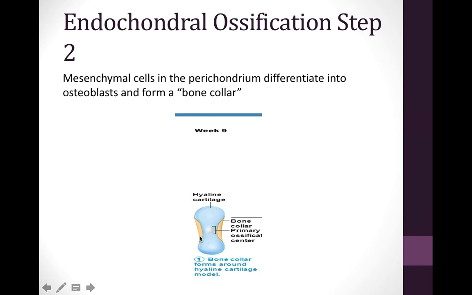Picture if you had a collar made out of bone around your neck. You would be choking. That's what's happening to these chondrocytes inside this bone. This bone collar is strangling the cells inside the hyaline cartilage model. So this is step two: osteoblasts underneath the perichondrium form a bone collar around the edge of it.